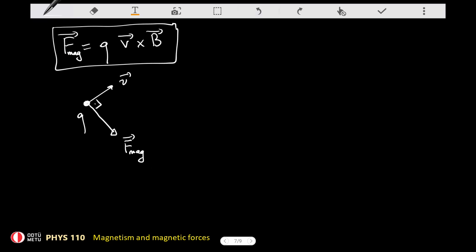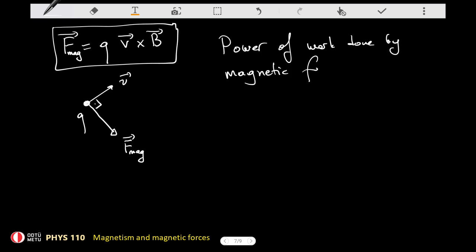So as a result, let's say it like this: power of work done by magnetic force. Power is, of course, work done divided by the amount of time that has passed. So work done is basically force, the magnetic force, dotted with the displacement.